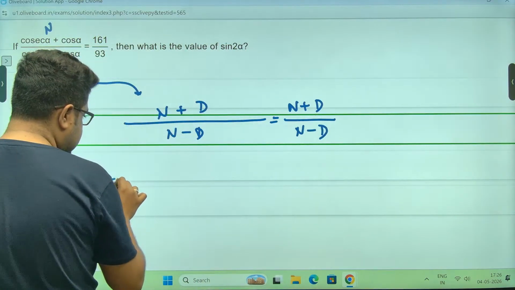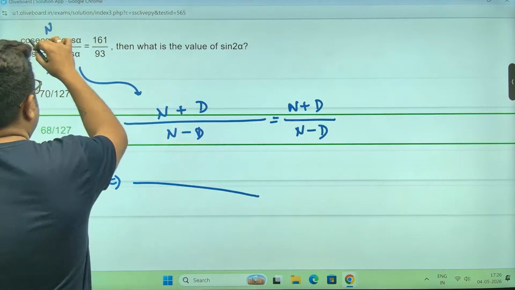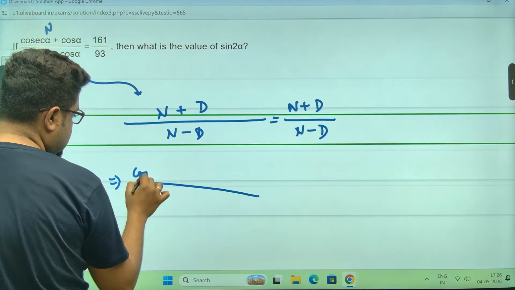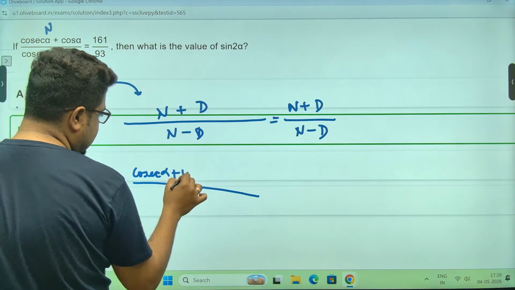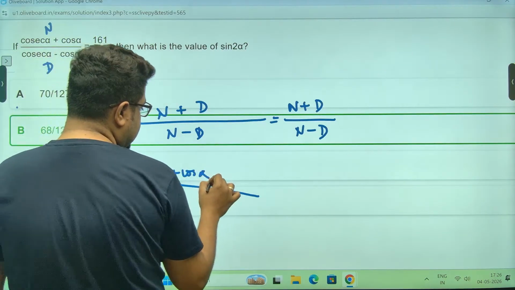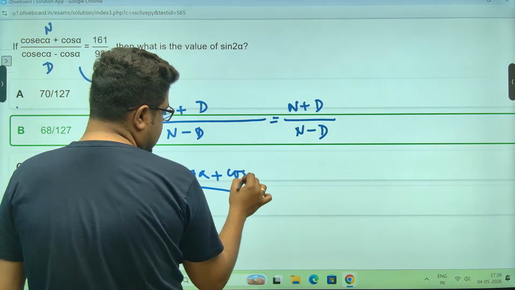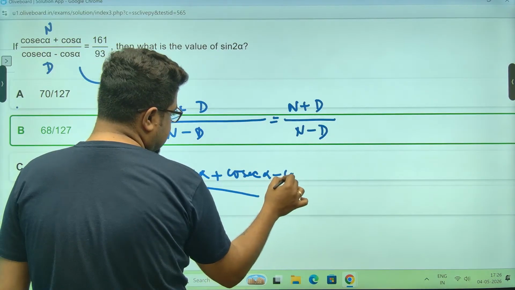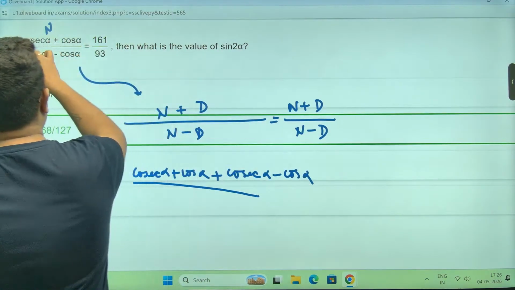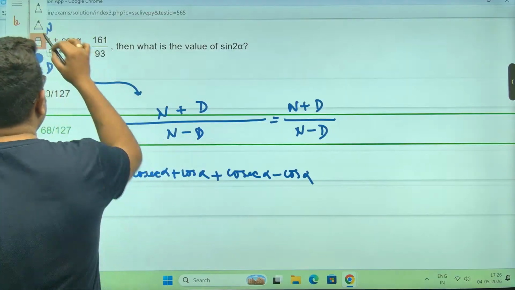So if I do this, you see now what will happen? Cosec alpha plus cos alpha. This is numerator plus denominator. Denominator was cosec alpha minus cos alpha. Right? Everybody agrees?